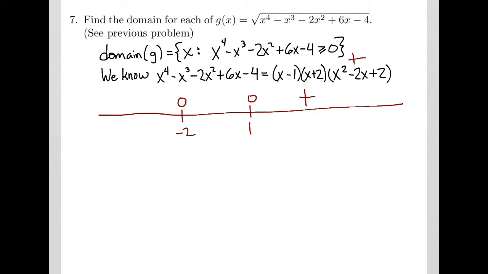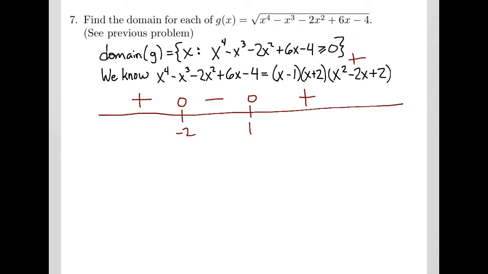So if I pick a number between -2 and 1, like 0, I get a negative and a positive, and the quadratic's positive, so I get negative. And if I pick a number like -3, I get negative, and the quadratic's still positive, so 2 negatives makes positive. The inequality I needed in my domain, I needed to see where this polynomial was greater than or equal to 0.